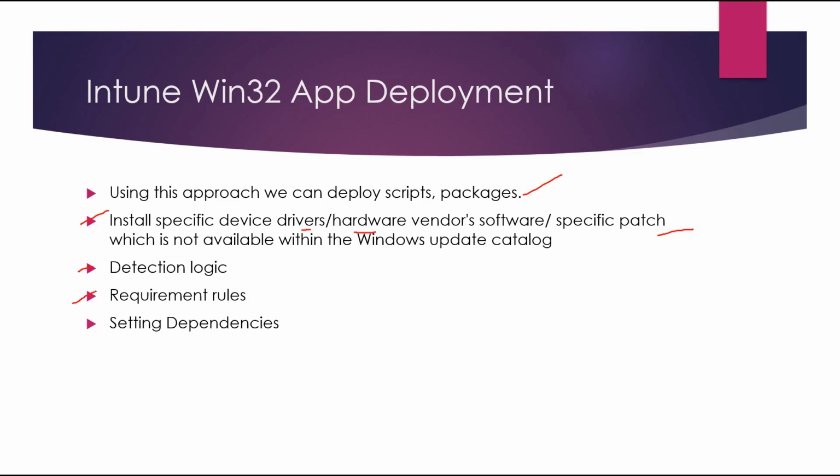Or if the device has 1 gig free RAM, only then install this application, or any custom requirement rule. This is again a value add. We did not have this in a deployment via store application.